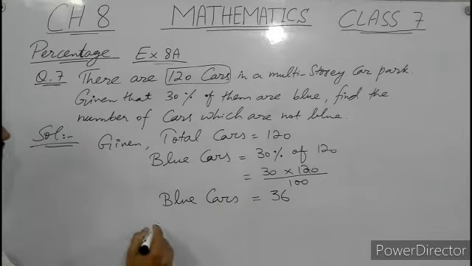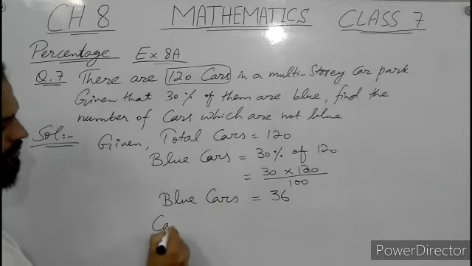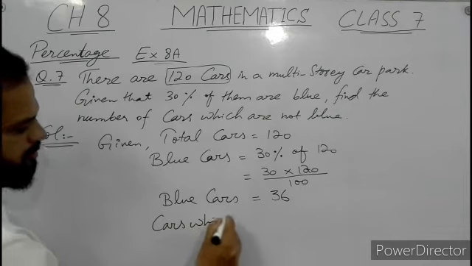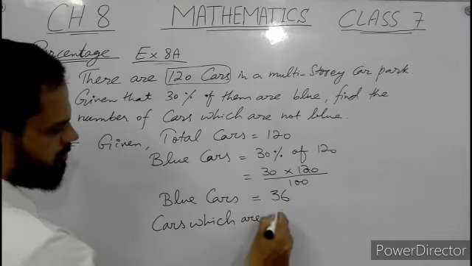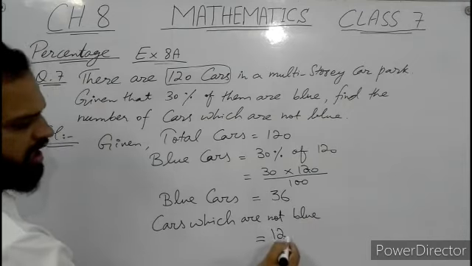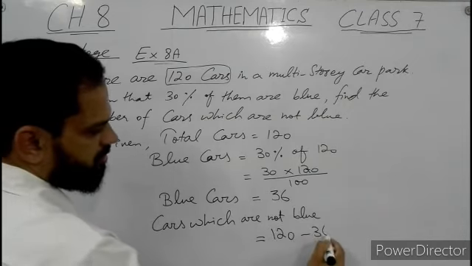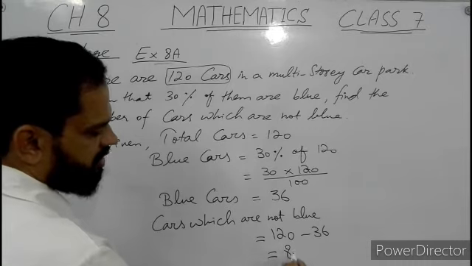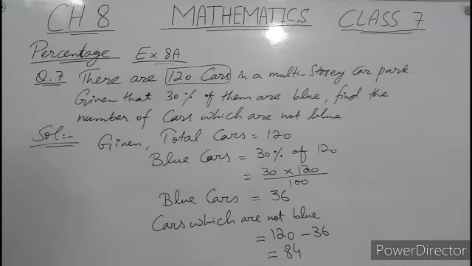Now cars which are not blue. Total cars minus blue cars. We will get cars which are not blue.